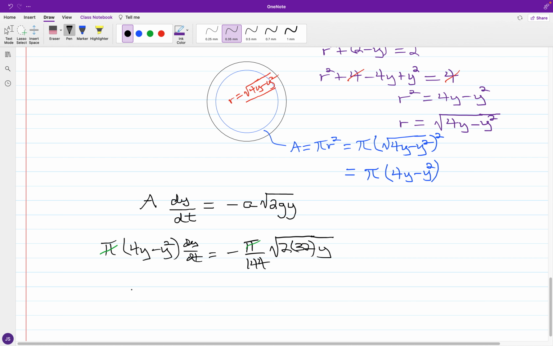So taking what we have now, 4y minus y squared dy over dt is going to be equal to negative 1/18 of the square root of y, and once again multiplying by negative 18.